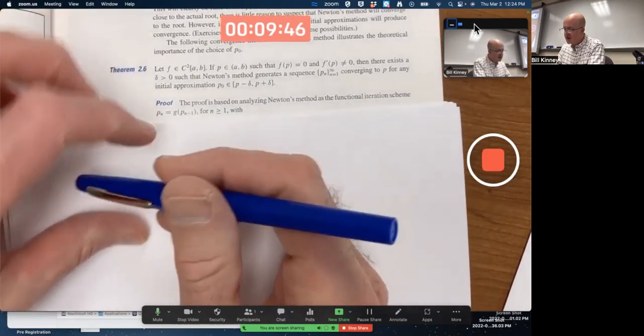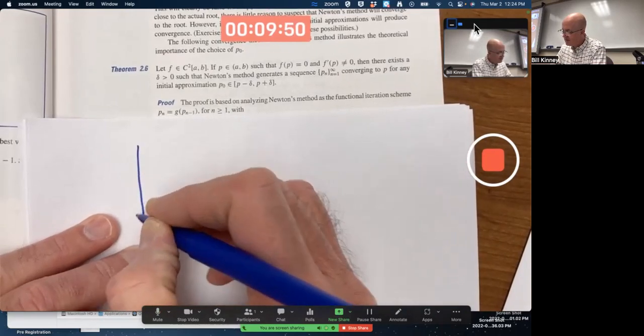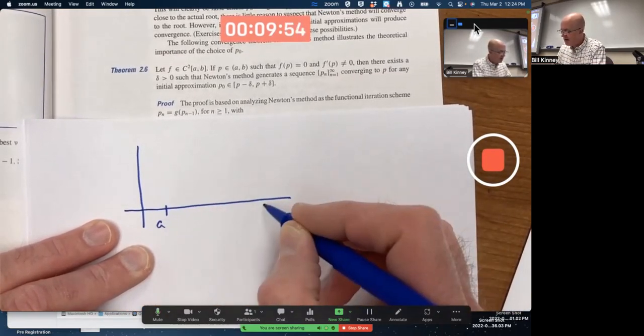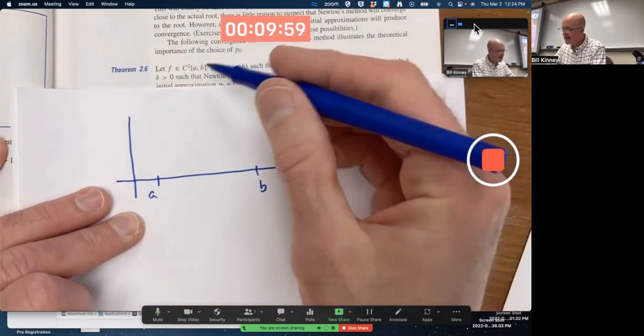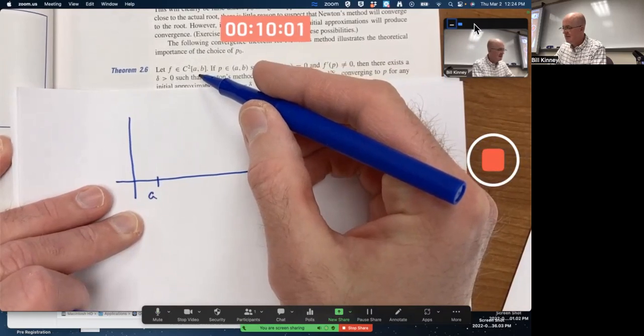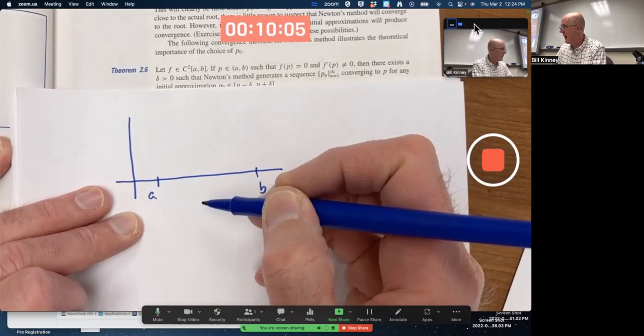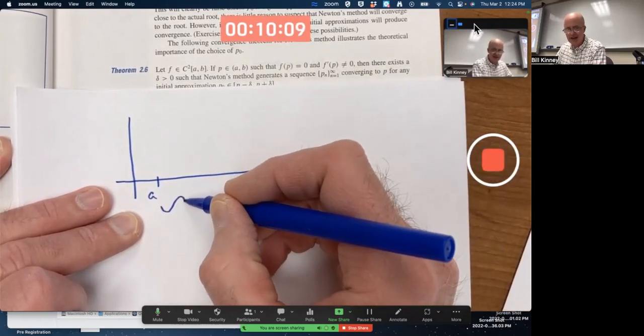We've got our function f that we're trying to approximate the root of. Let's draw a over here and b over here. f is not only continuous, but twice continuously differentiable. Basically, you draw some nice smooth graph, it's going to be twice continuously differentiable. It could have a lot of oscillations in it.